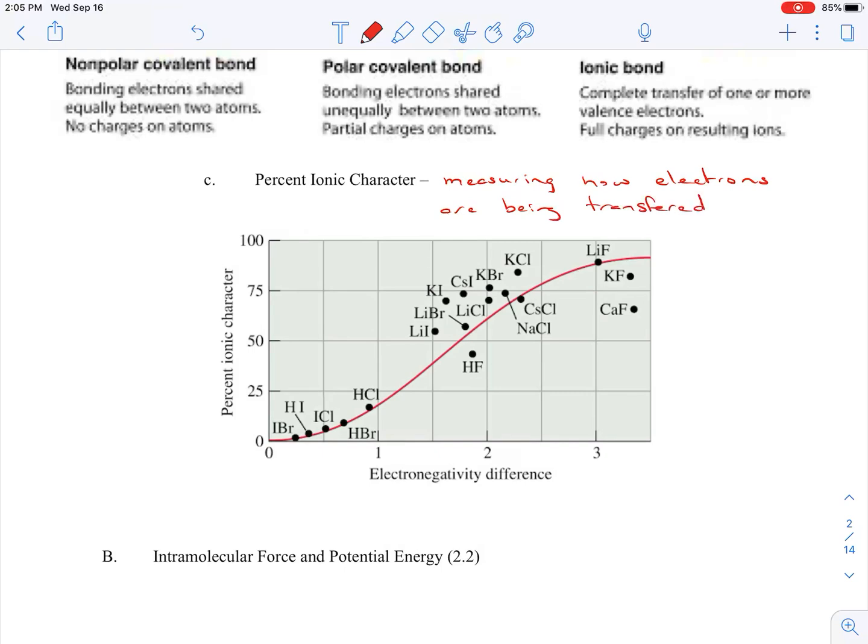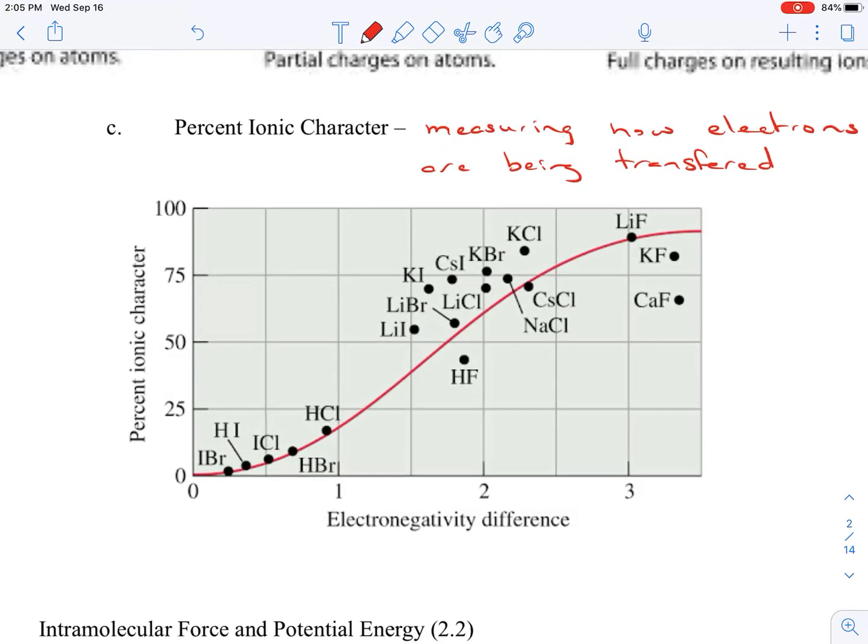And what you can see is we have a graph of percent ionic character. As we get more and more ionic, like LiF, that seems like a very ionic compound, which makes sense because they're so far apart on the periodic table. Look at their difference in electronegativities. It's like 3. That's a pretty large difference.